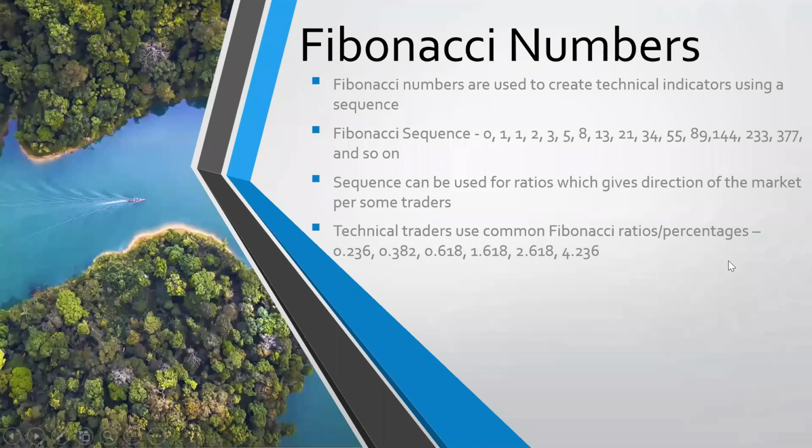So coming to Fibonacci numbers, as Shamrez was saying. Fibonacci numbers are used to create technical indicators using a sequence. Generally that sequence, as I said earlier, is 0, 1, and then you just add: 0 and 1 becomes 1, you add 1 and 1, it becomes 2, you add 1 and 2, it becomes 3, and so on and so forth.